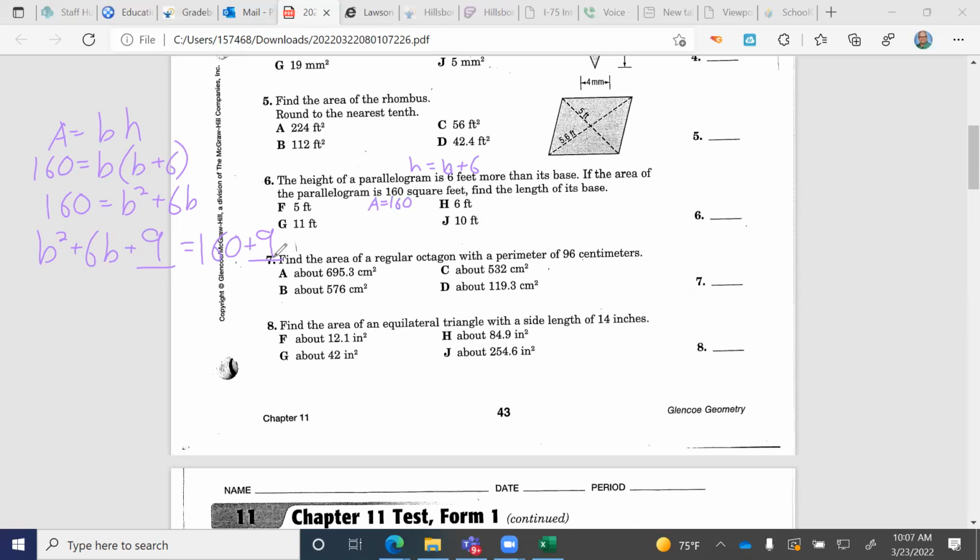Now, if you remember from that other section, we did this for a reason, so that we can factor this into a perfect square, which is now going to be a binomial that is squared. This first term, again, we're taking the square root of it. So the square root of b squared is just b. The square root of the last term is 3, and the sign from the middle is a plus sign.